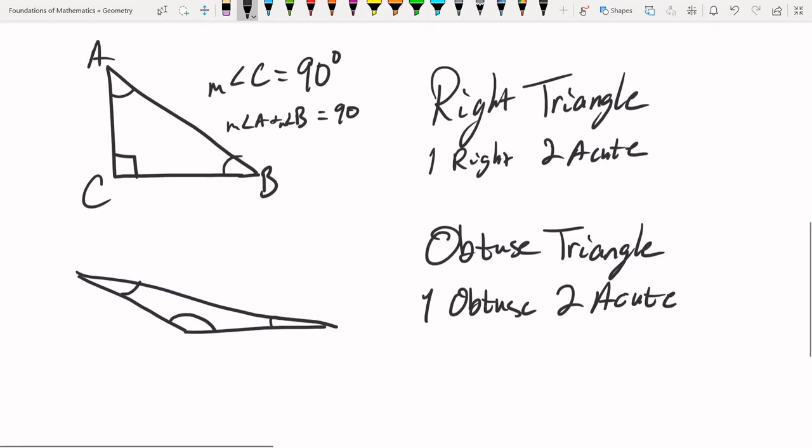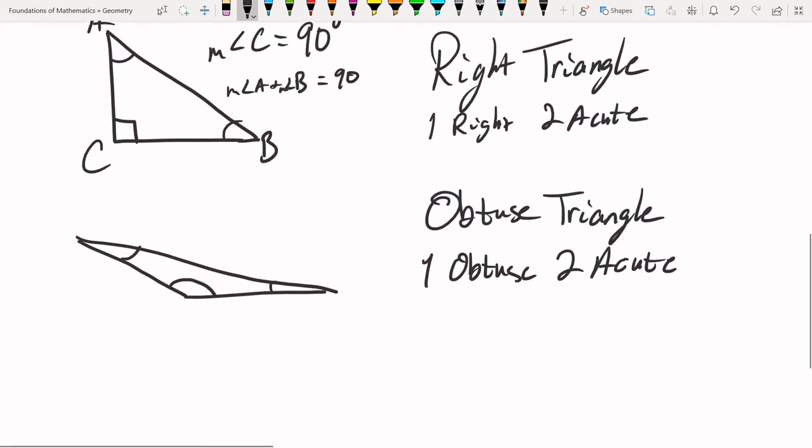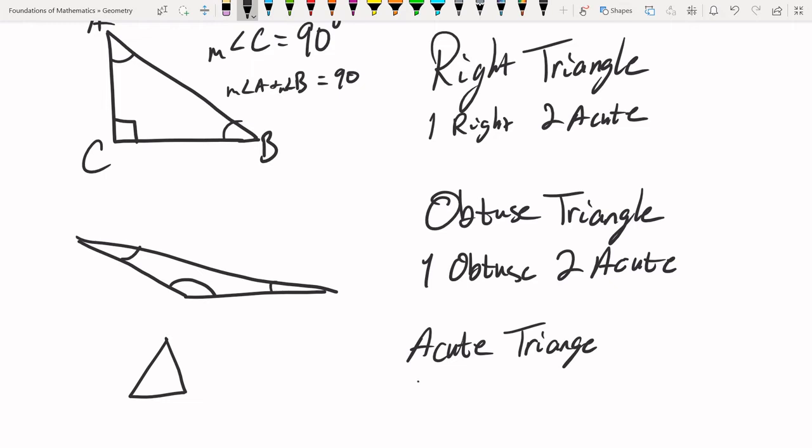There's only one more possibility that this could have, and that is all 3 angles are acute. So something like this. This would be an acute triangle. 3 acute angles.